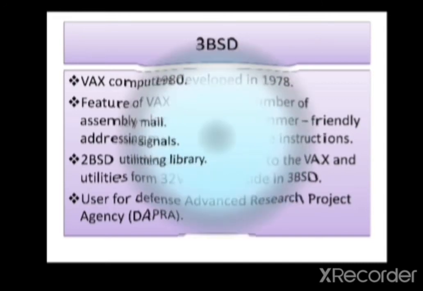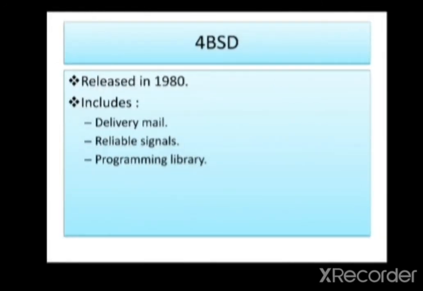Now 4BSD. It is the last version of BSD. In the 1980s, 4BSD extended a lot of improvements over 3BSD. In 1985, a revision of BSD released the 4BSD operating system, which is a choice for VAX.